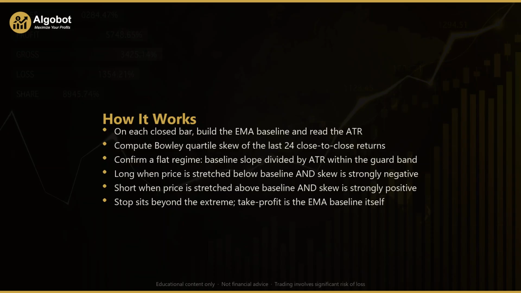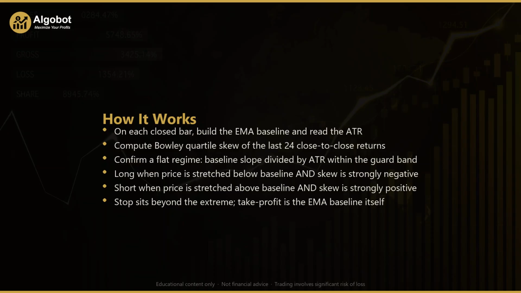A strongly positive reading means the up returns have a long right tail, so the rally leaned on a few spikes and is fragile. A strongly negative reading means the sell-off leaned on a few down spikes and is likewise fragile. Third, it measures the stretch, how far the last close sits above or below the baseline, compared with the entry threshold of 2 times ATR.